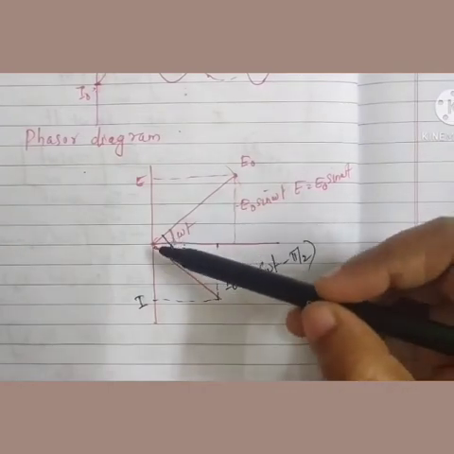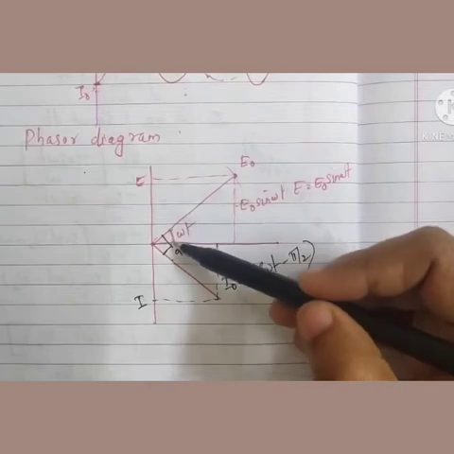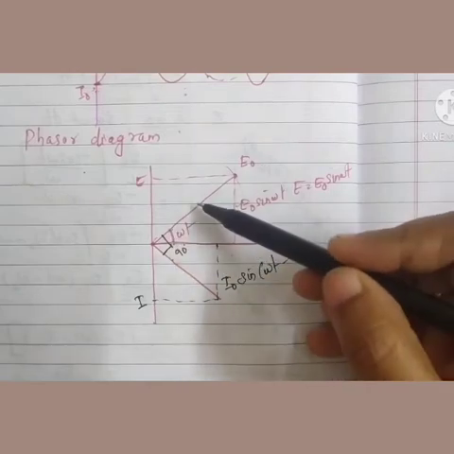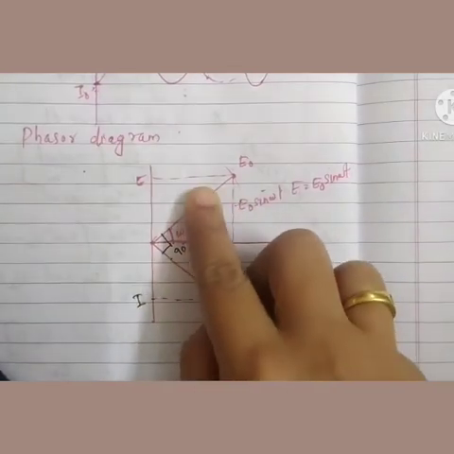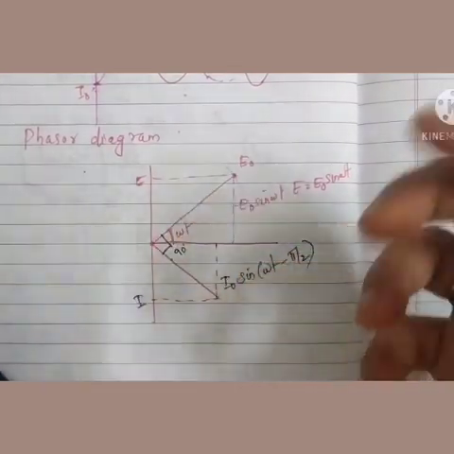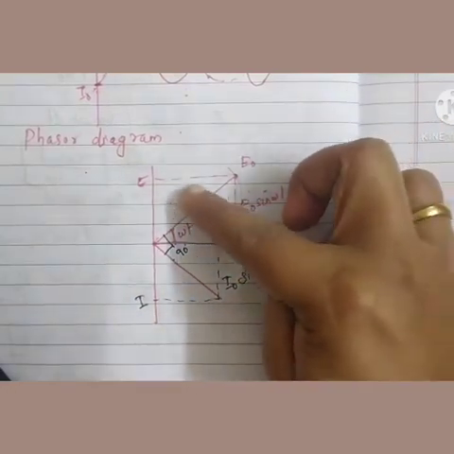So, the phasor representing the peak EMF E naught always makes an angle omega t in the anti-clockwise direction from the horizontal axis. You can see that in this way it is moving, right? In the purely inductive circuit also, both I naught and E naught rotate in the anti-clockwise direction.